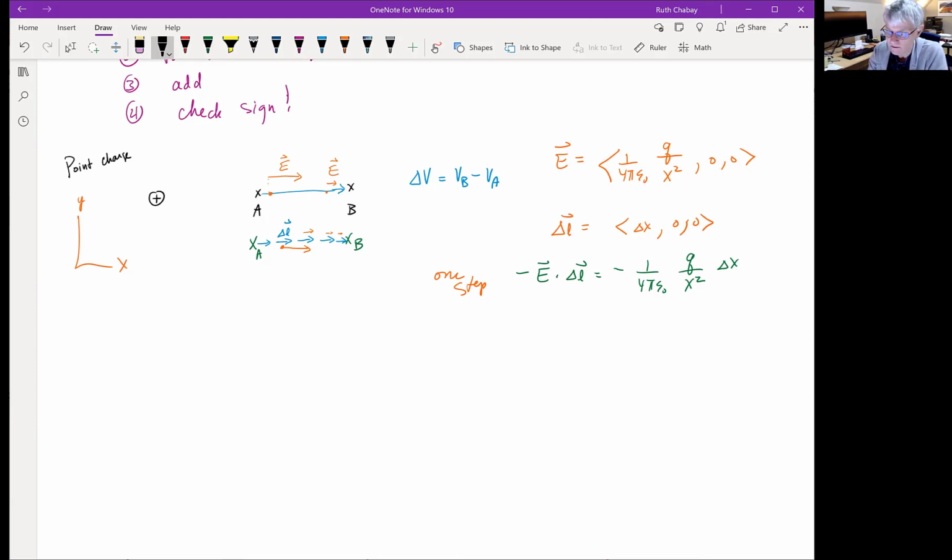So we end up with our delta V being minus the integral of E dot DL, which is 1 over 4 pi epsilon 0 q over x squared dx. And this is, of course, a finite integral because we're going from one path location to another.